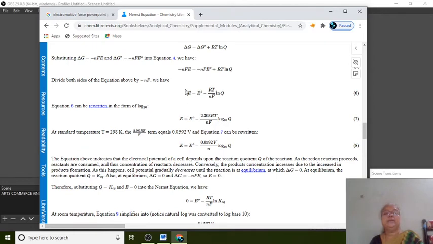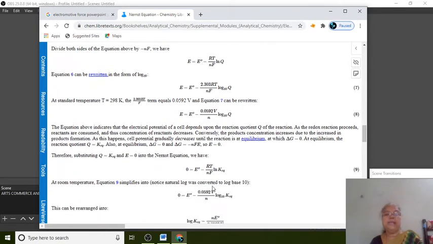When delta G is equal to 0, in this equation the reaction quotient is equal to the equilibrium constant, and the EMF of the cell is equal to 0. Therefore, the Nernst equation becomes 0 equals E0 minus RT upon nF into ln of the equilibrium constant.